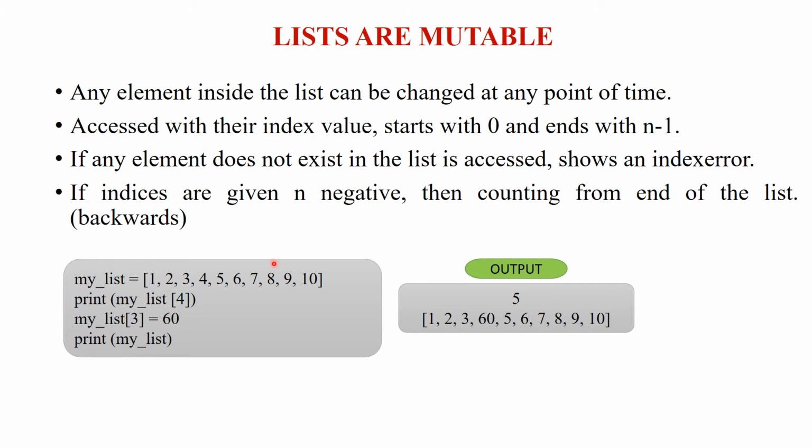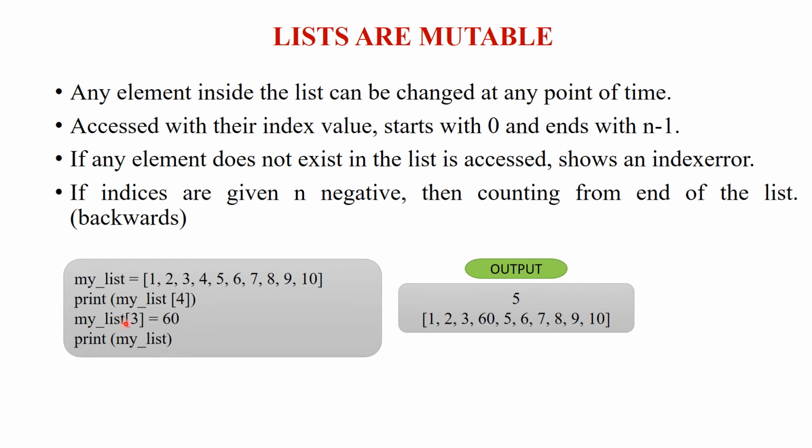Here I have given an example. We have my list, and if I want to print my list of 4, see, the fourth element, counting 0 1 2 3 4, will be 5, so it will get printed.